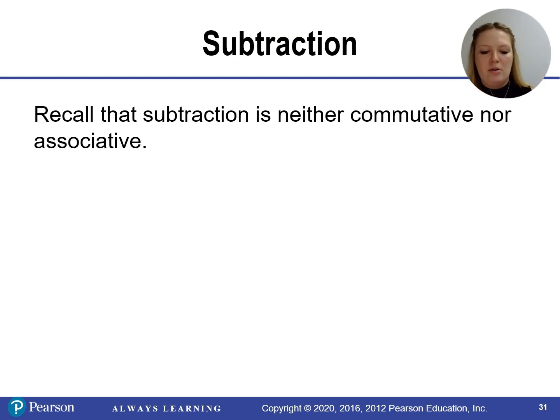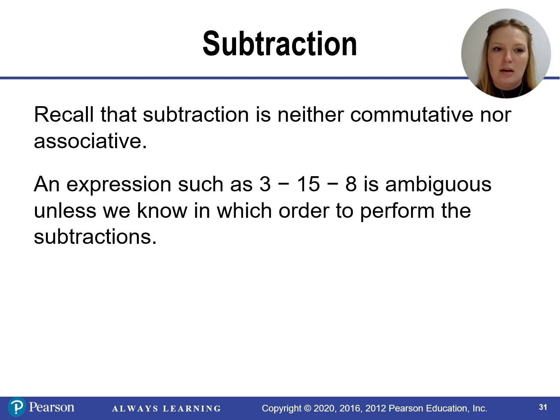So a couple final notes about subtraction. Subtraction is not commutative or associative. So if we want to change the order of things that we do, we have to change our subtraction into addition using that property. As a rule of thumb, you might think that 3 minus 15 minus 8 is ambiguous because we don't have any grouping.